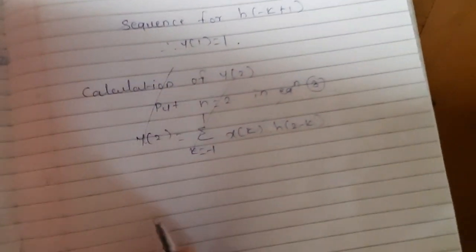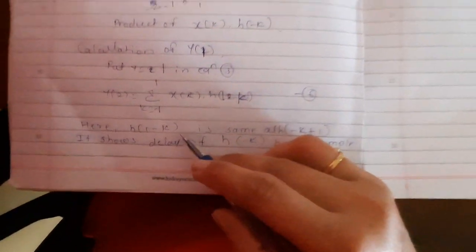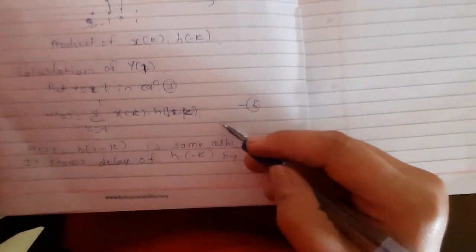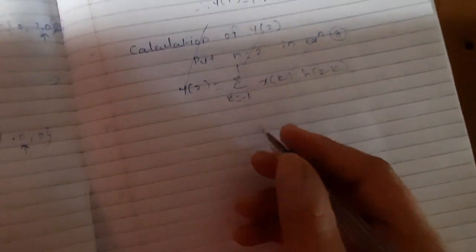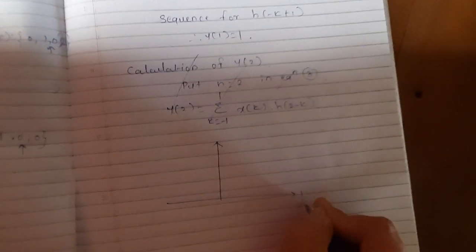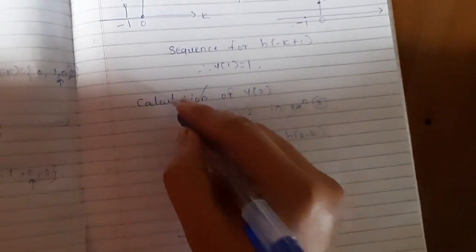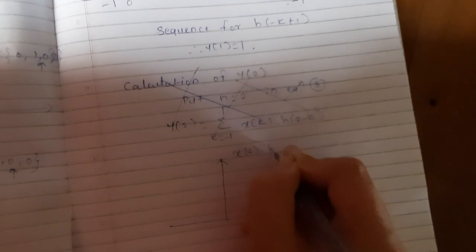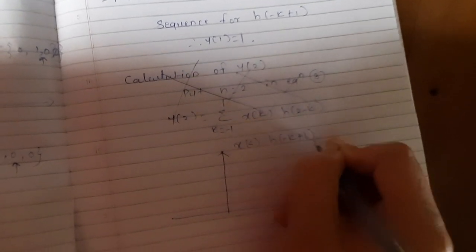We have to draw for this equation, that is for x of k and h of 1 minus k. This sequence is for the previous and this one is for y of 1. This is wrong. So it is x of k into h of minus k plus 1.